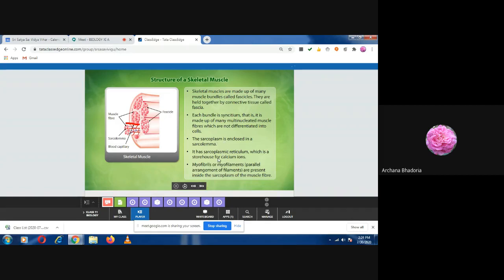And just like endoplasmic reticulum you have in all the other cells, in the muscle fiber we find the sarcoplasmic reticulum. It is a storehouse for calcium ions. Sarcoplasm has sarcoplasmic reticulum.